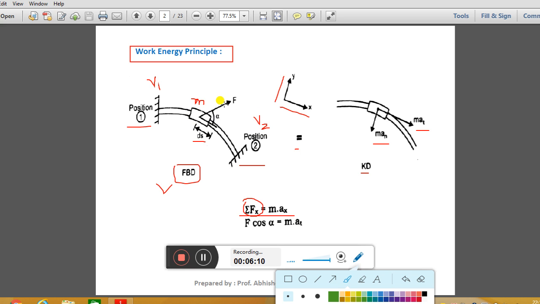The force acts on the collar at angle alpha, the angle between the force and the tangent to the curved path. So this is f cos alpha, and this is f sin alpha.